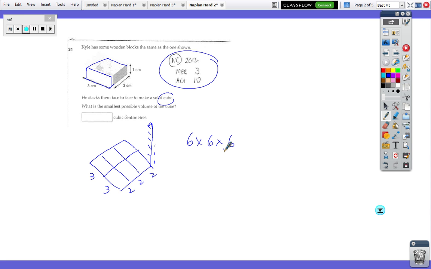So the volume will be 6 by 6 by 6, which is 216 centimetres cubed. So you're going 3 that way, 2, 2, 2, and then you stack it up 1 centimetre high, so stack up 6 that way. So that's 6 by 6 by 6.